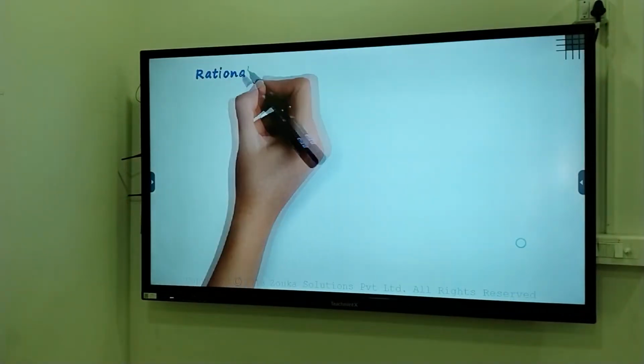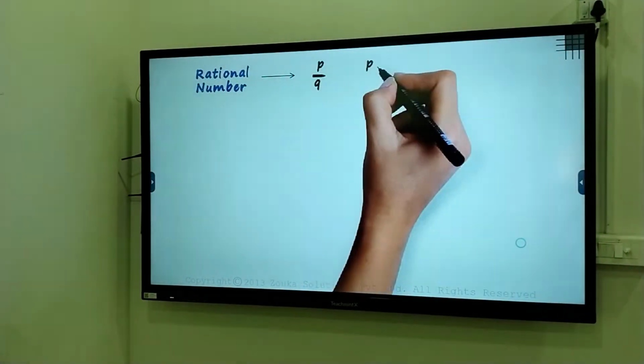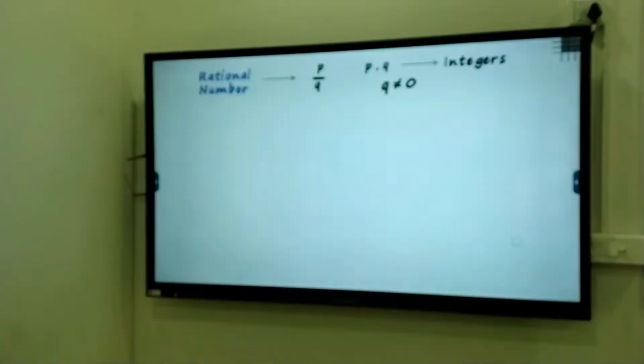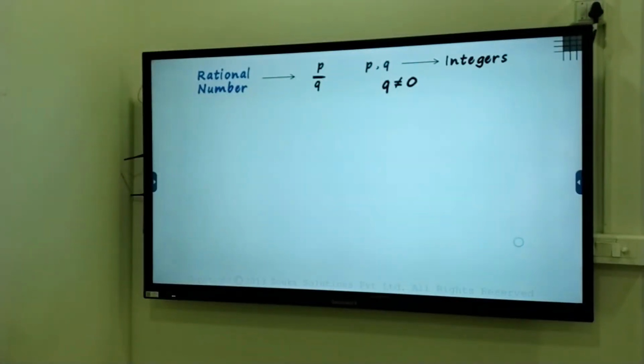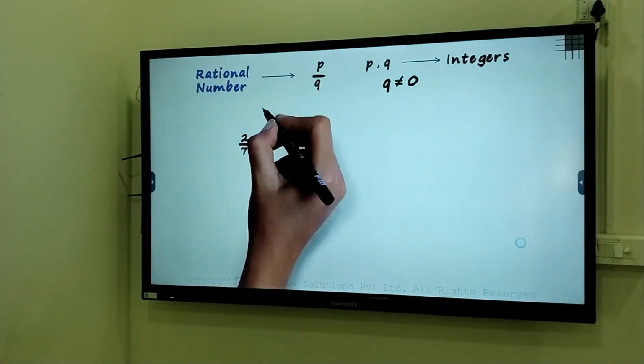How do we define a rational number? It is a number of the form p by q, where p and q are integers and q is not equal to 0. In this video, we will talk about the signs of the numerator and the denominator. Consider 2 by 7. This is a rational number.